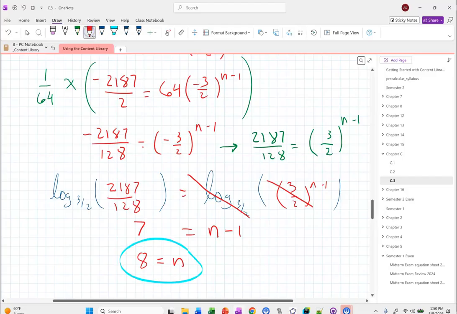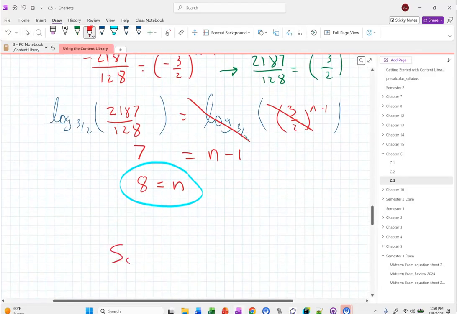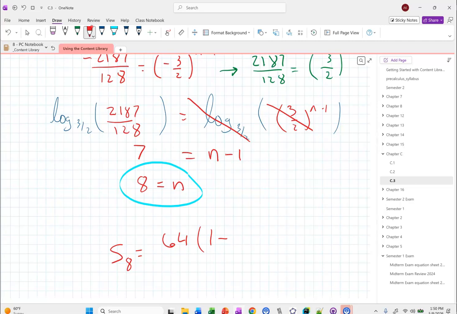That's what I needed. So S8 should be the first term times 1 minus negative 3 over 2 to the 8th, over 1 minus negative 3 over 2.